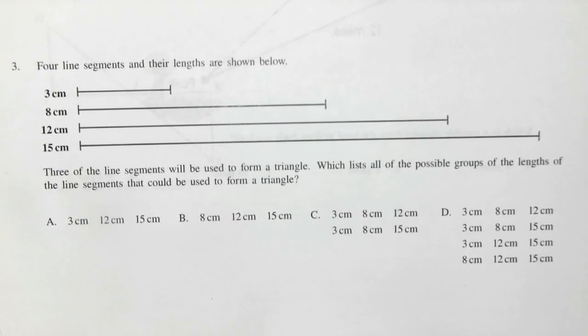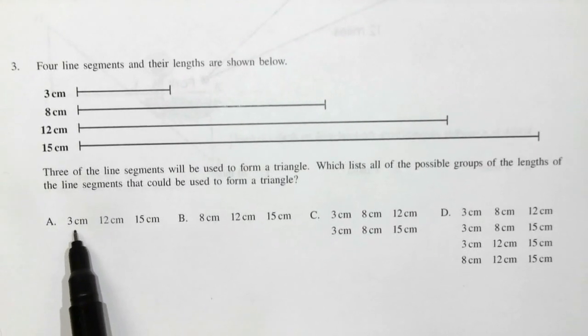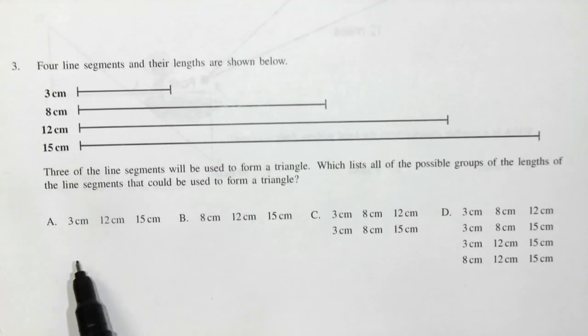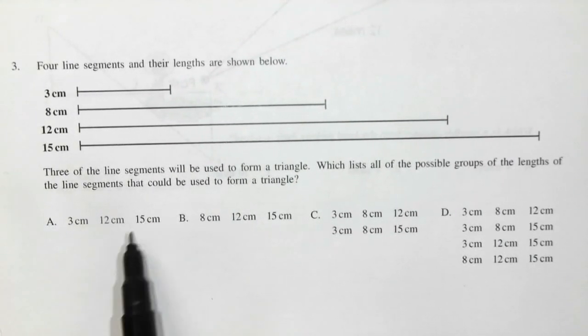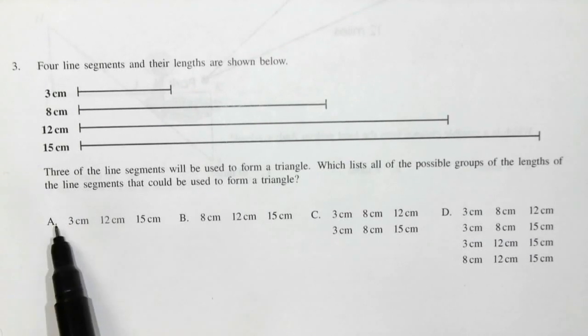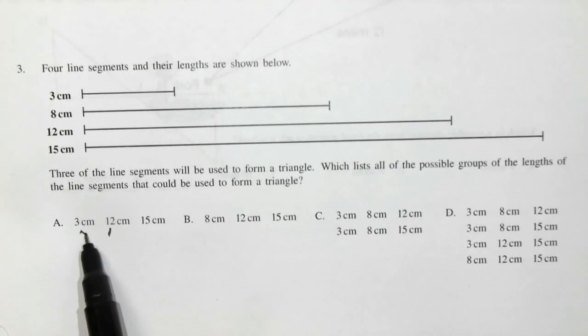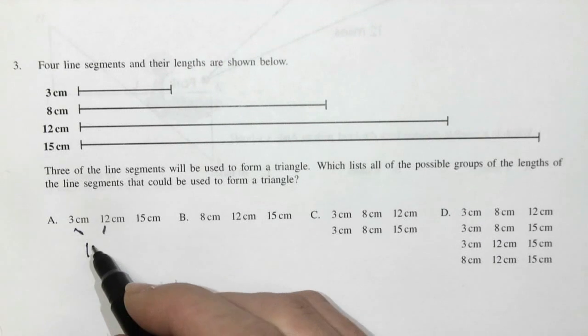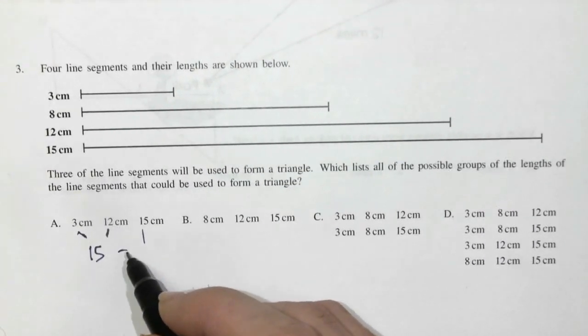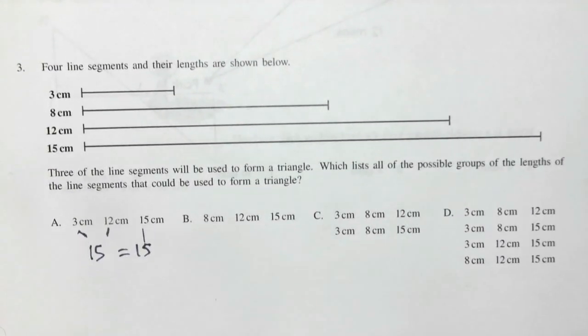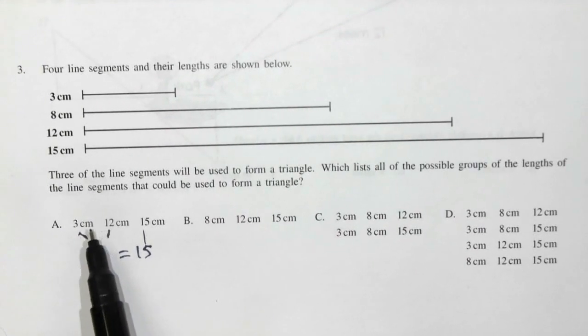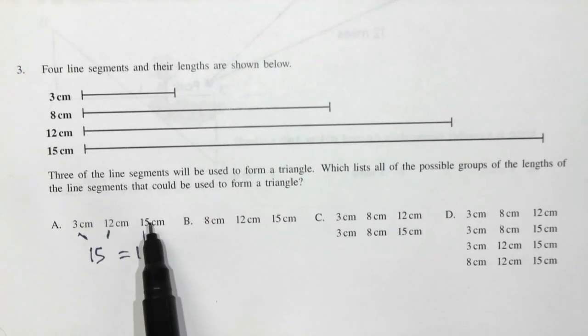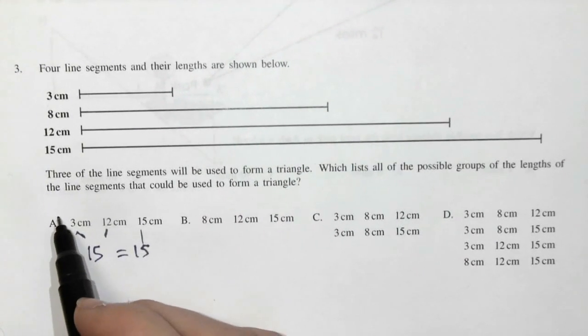So, well, let's look at this first one right here, A. A says 12, 3, and 15. The smallest two sides are 12 and 3. That adds up to 15, which is equal to 15. But the theorem says that the two smaller sides have to be larger than the largest side. So this one, no good.